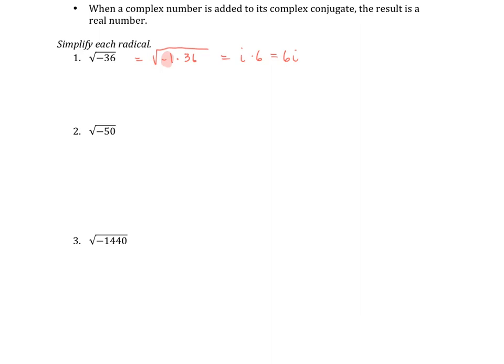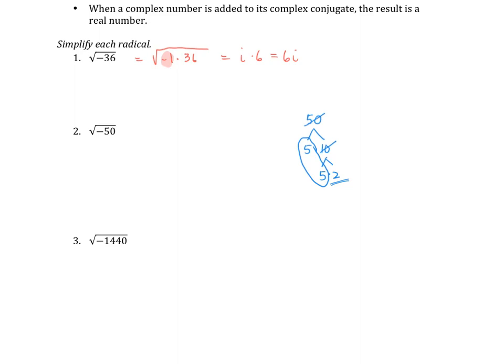If it's not a perfect square, then you just reduce it as much as possible, and put the i out front with it. So let's look at the square root of -50. The 50 is not a perfect square, so we're going to try to break that down. If I use the prime factor tree technique, I can break this down into 5 and 10, and then 10 breaks down into 5 and 2. Remember that pairs come out because that will be a perfect square, and the single thing stays under because that's left over.